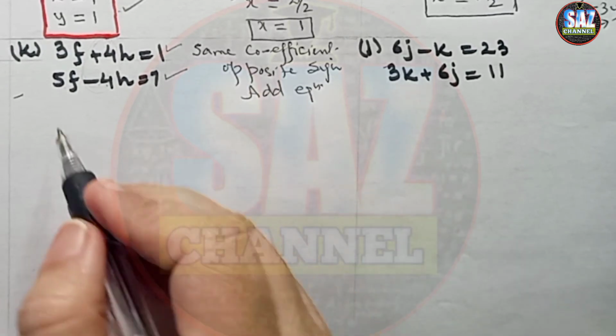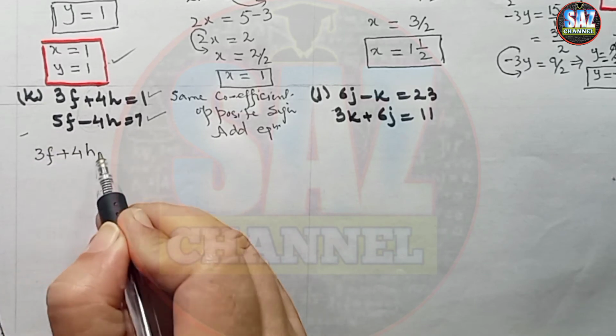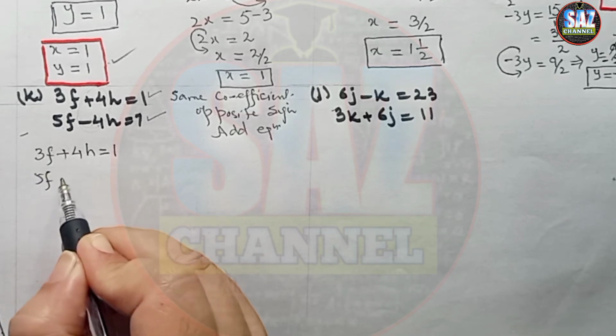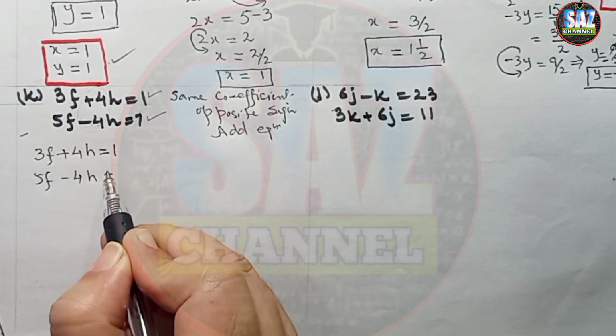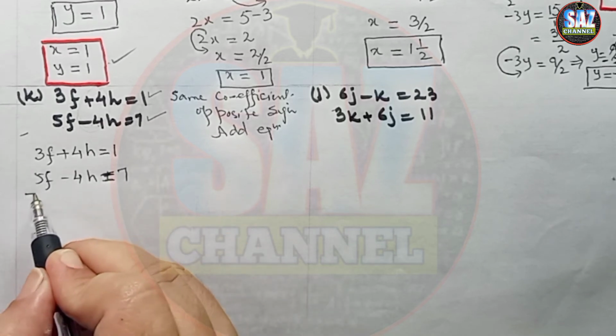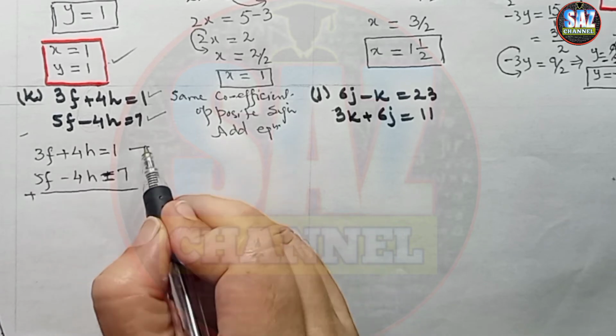So what I will be doing, I'll write the equations again. 3f plus 4h equals 1 and 5f minus 4h equals 7. Now I have to add up both the equations. So my equations will take the form.